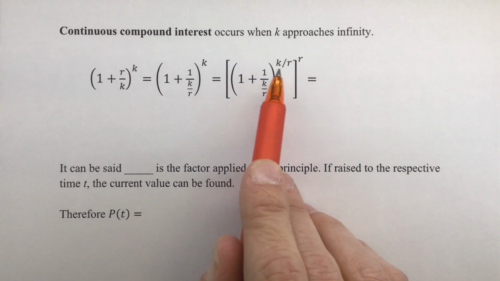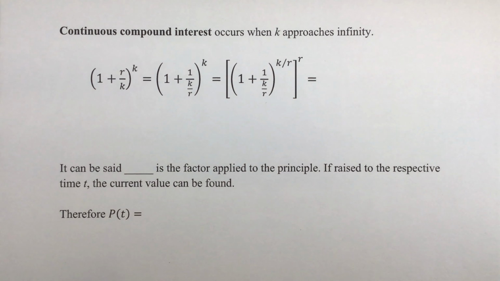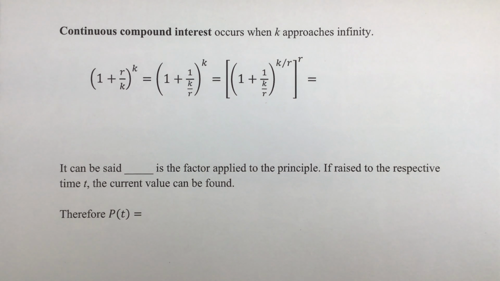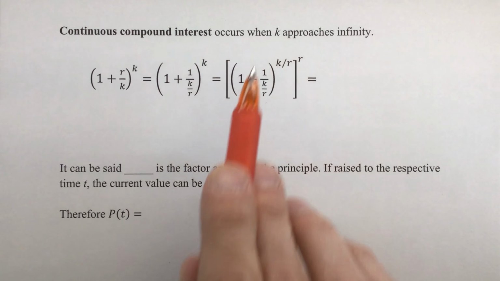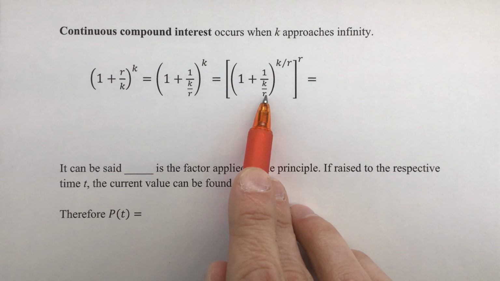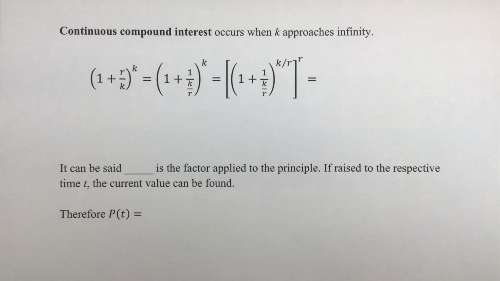Now what we've got is an expression here that mimics what we previously saw. 1 plus 1 over n to the n power, except that our n is k over r. But r is going to be a constant value. And if we think of k as like our n value going to infinity, then infinity over a constant value is infinity.